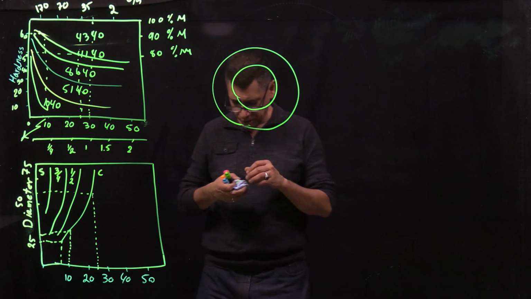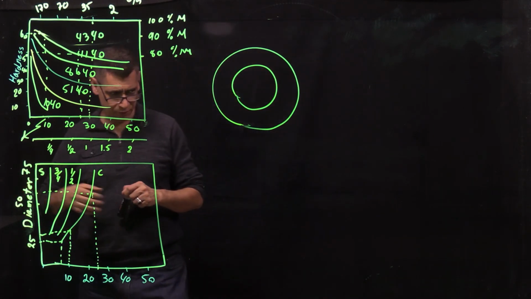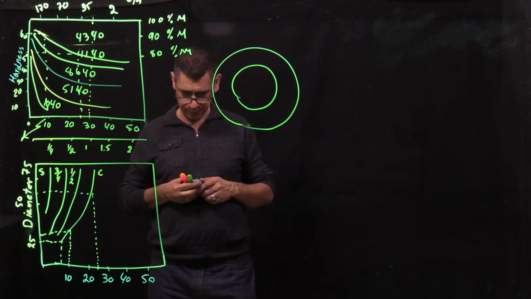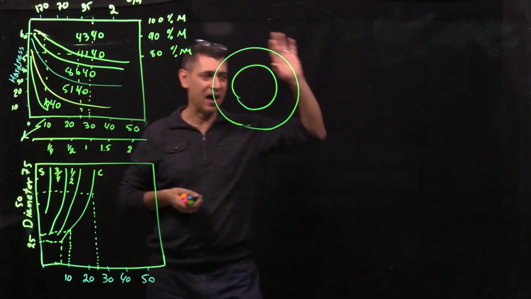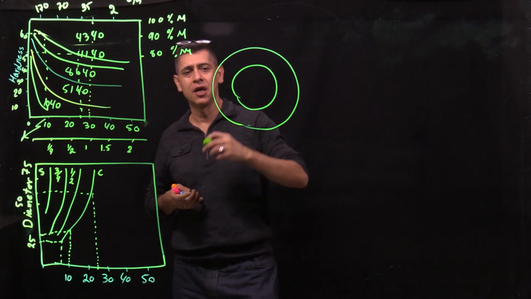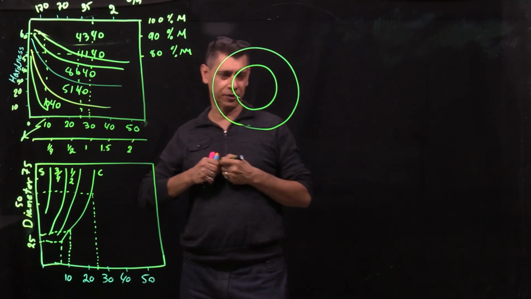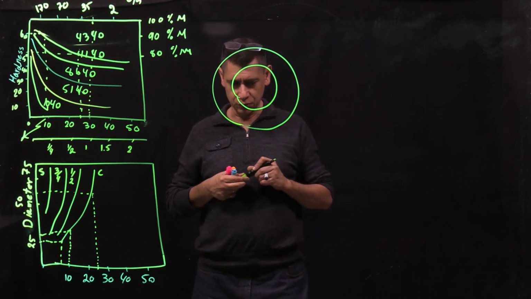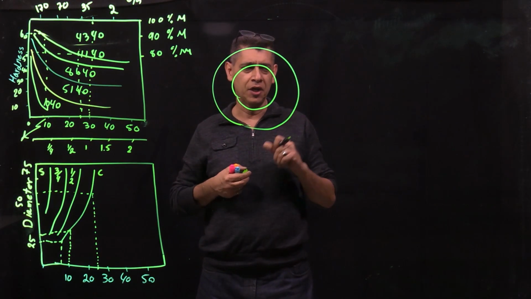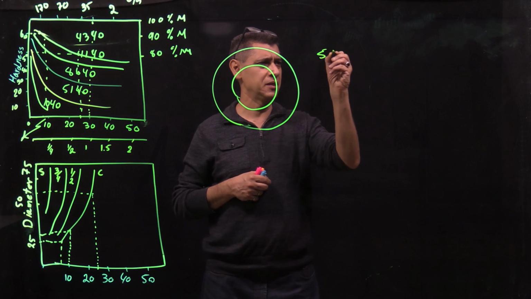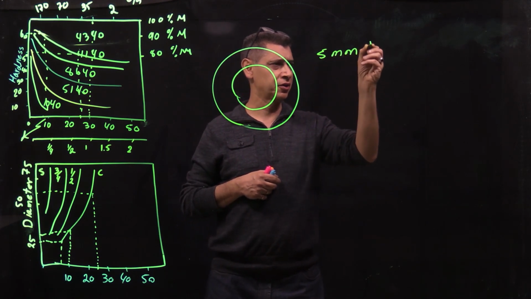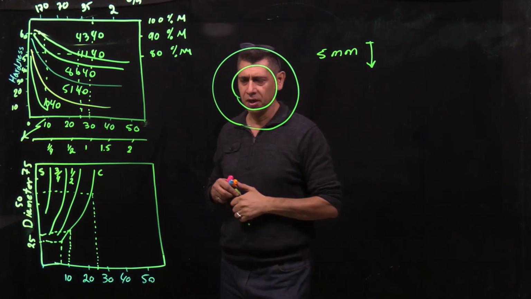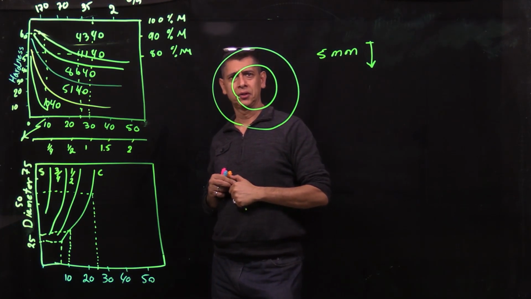The other concept that we covered in one of those examples was saying that I want, for example, 5 millimeter below the surface, I would like to have this kind of hardness. So when it comes to that question, you have to realize what 5 millimeter below the surface means when it comes to the diameter.